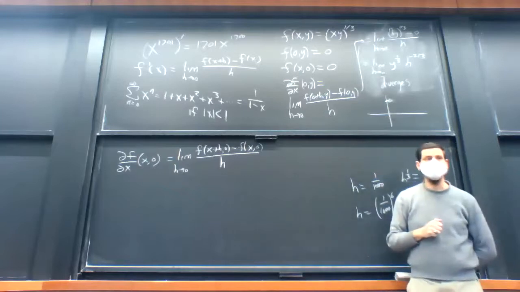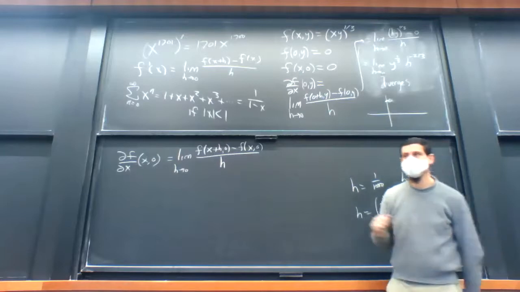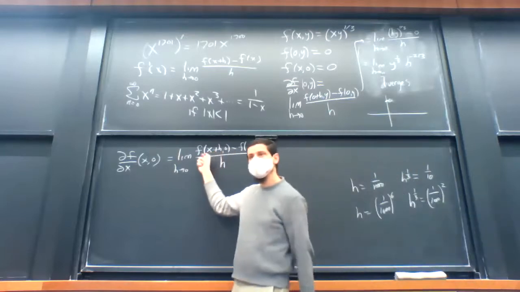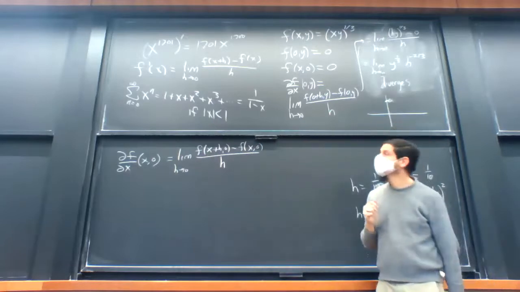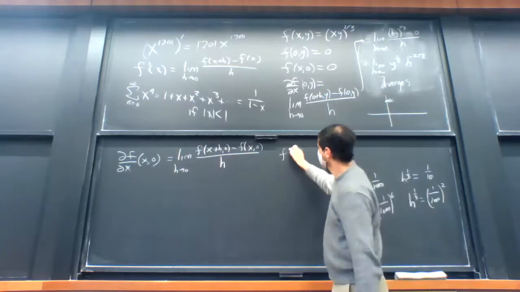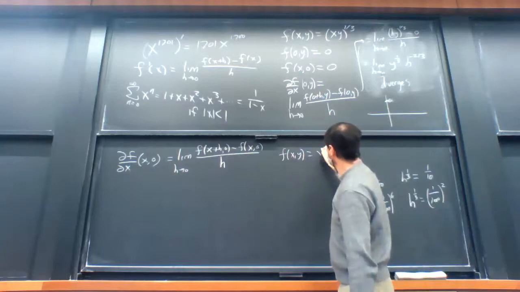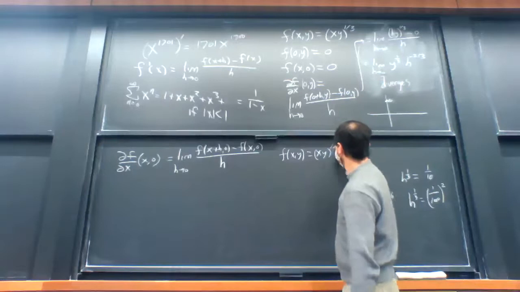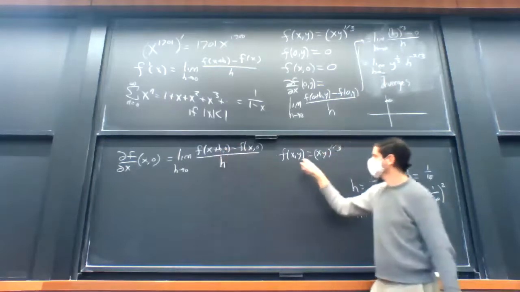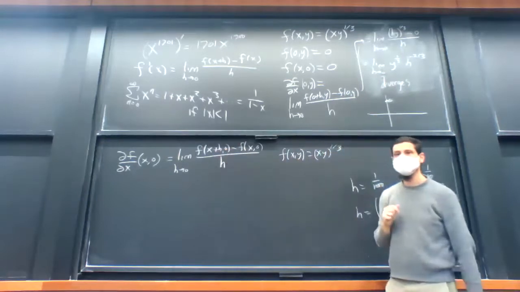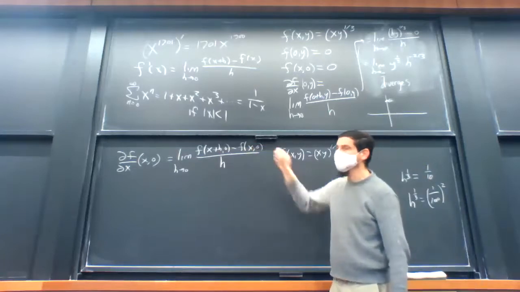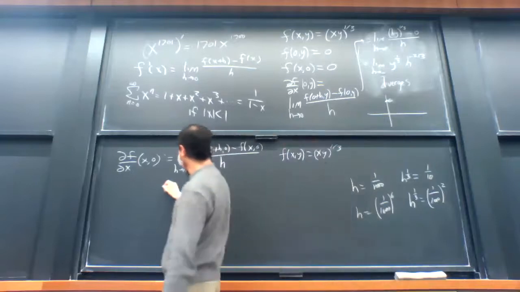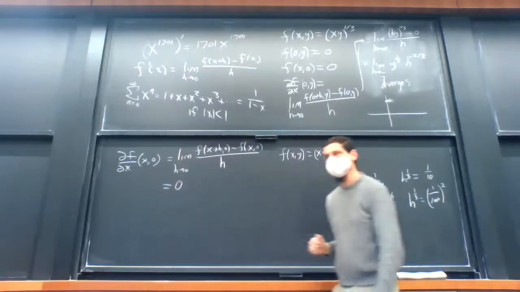What is f of x plus h comma 0? f of x, y is x to the 1/3 times y to the 1/3. So if I put in x plus h for x and I put in 0 for y, what do I get? 0. And I get 0 here as well. So the numerator is always 0. So the limit is 0.